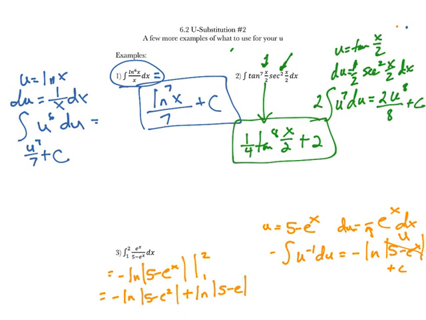And remember that on the AP test, they like to test your log rules. And since that's a subtraction, that could really become a single log with the positive on top and the negative on the bottom. And that would be my answer.